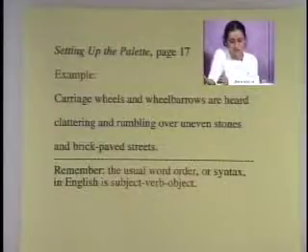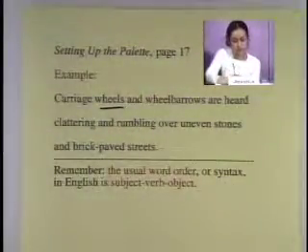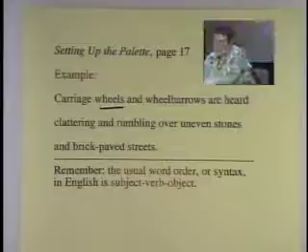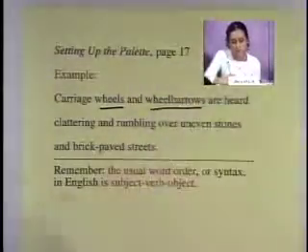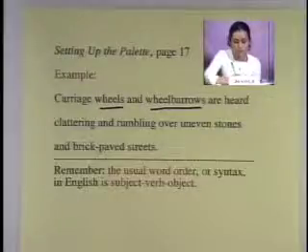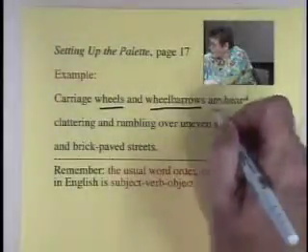Carriage wheels? Carriage wheels is one, and I'm only going to take the wheels part because I don't care about the modifying adjective. I think there's another subject in this sentence. Do you see it? Wheelbarrows. Get a line under each of those. That's right. And Kim, where are the verbs that go with those two subjects? Are heard. Two lines under that.